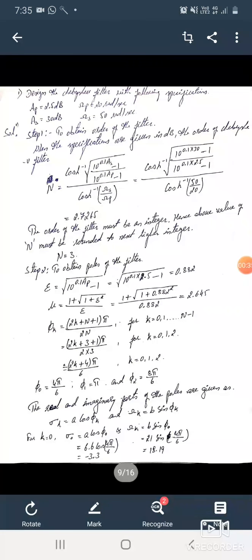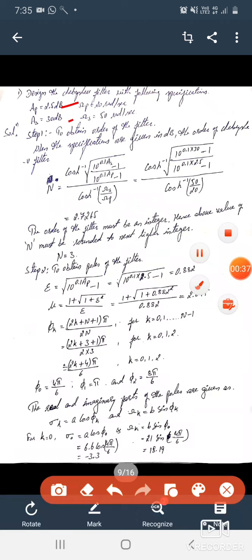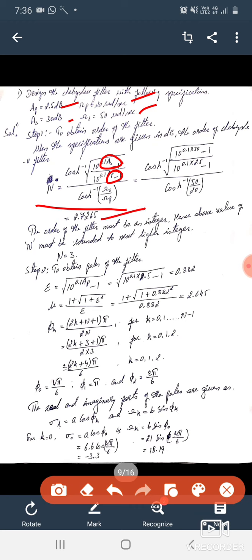First we have to find what the given data are. Here directly given are the data, that is AP, AS, omega P and omega S. When you are going to find the order of the filter, use n equals cosh inverse of square root of (10 raised to 0.1 AS minus 1) divided by (10 raised to 0.1 AP minus 1), divided by cosh inverse of omega S divided by omega P. Substitute for AS, AP, you will be getting 2.7265 as the order.